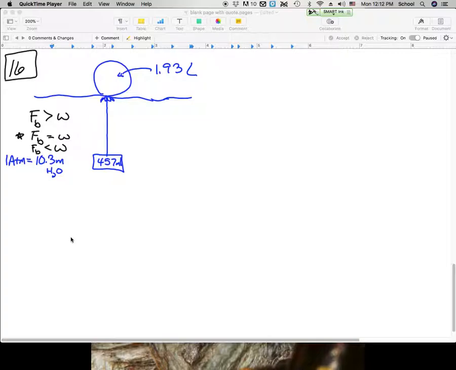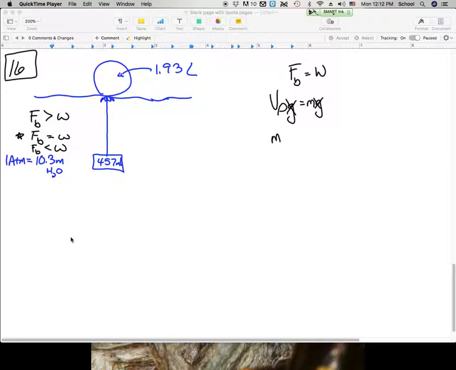So first we have to figure out, if we're at equilibrium there, then the buoyant force is equal to the weight, so V rho g is equal to mg. What's on both sides? g, so we don't really care about that. And of course V rho is equal to mass.